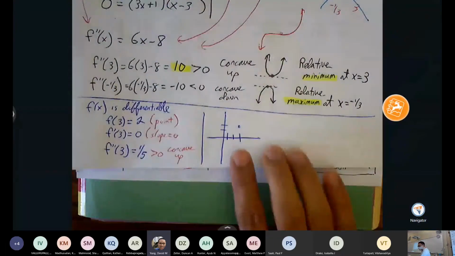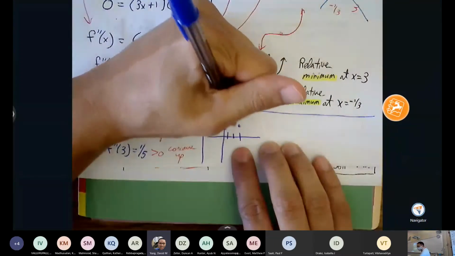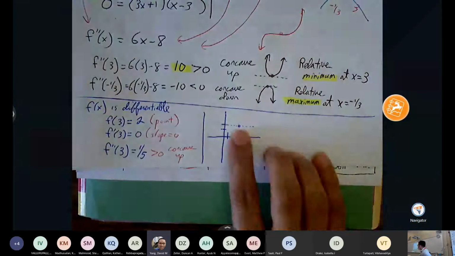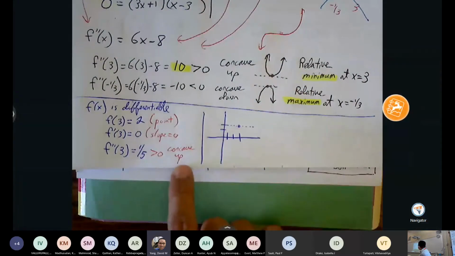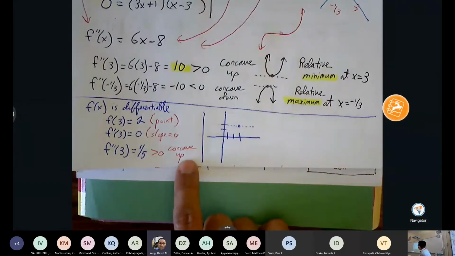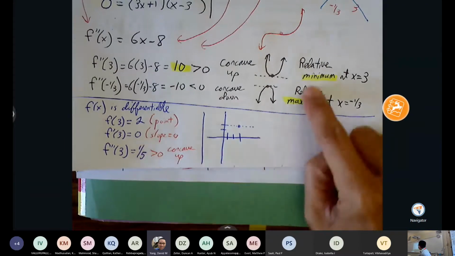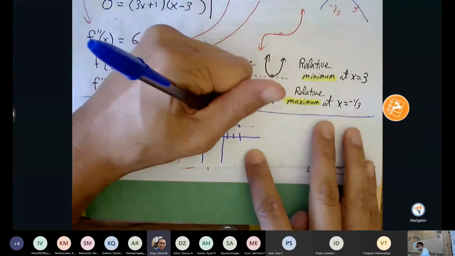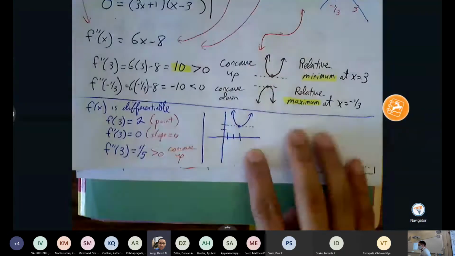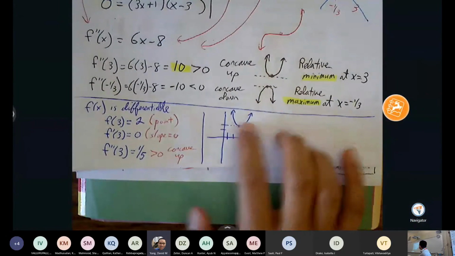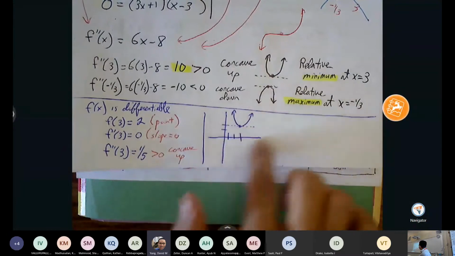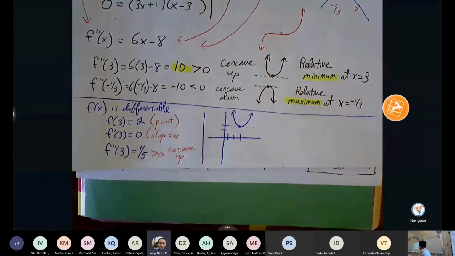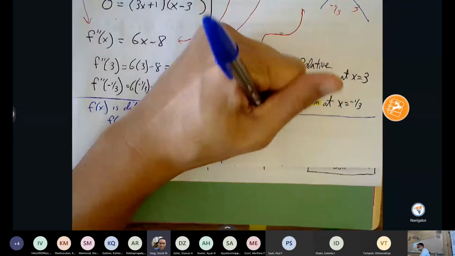Through that point I want a slope 0, so I'm going to put a dotted line to indicate that's the horizontal tangent. But I have to force a concave up through this graph, right? So the only way I can draw a concave up is if it looks like this. So if I can draw this graph, it's a lot easier now, right? This must be a relative what? Minimum.